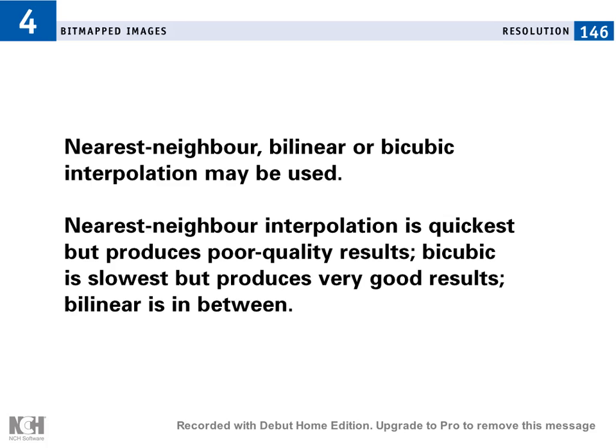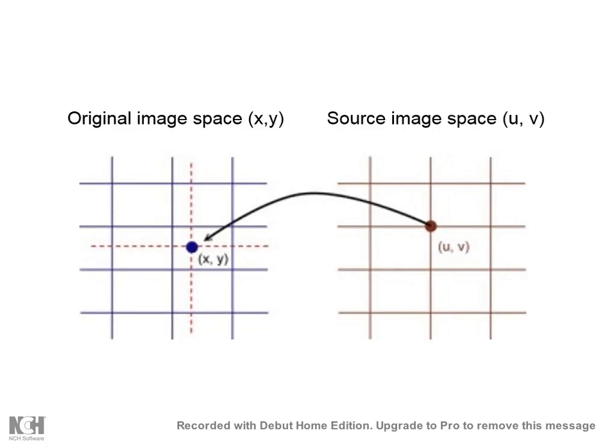Okay, so let me explain what the nearest neighbor is. Nearest neighbor interpolation is like this. Here, I want to know the UV color of the source image. So I use the reverse matrix to find the location in the original image, xy. So xy is inside the 4 pixels.